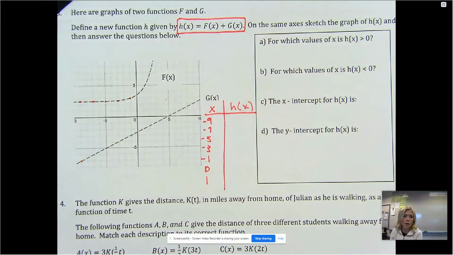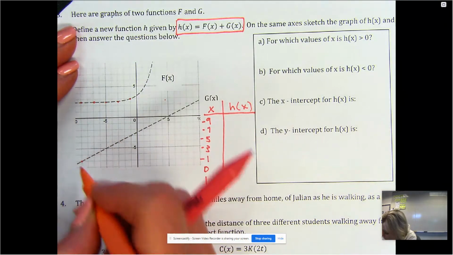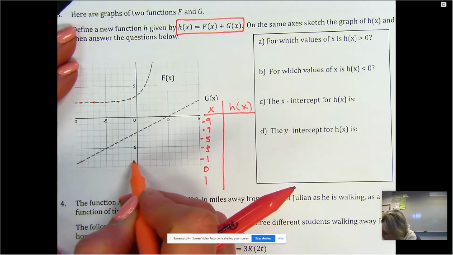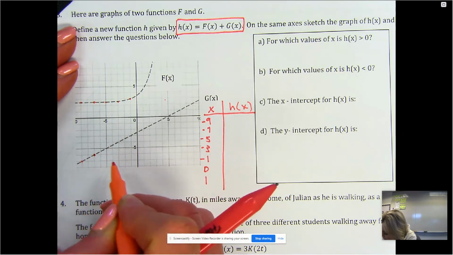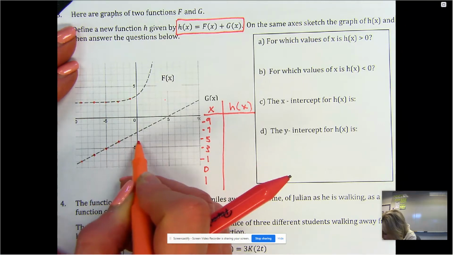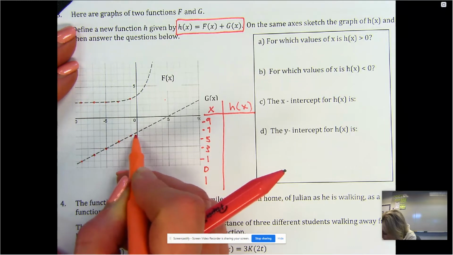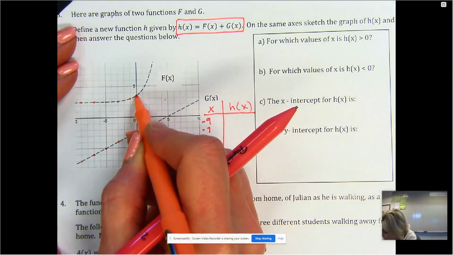So I'm going to use a lot of 2.5s. And then when x is -9, this is at -7, and then this is at -6, -5, -4, -3, like -2.5, and so on.